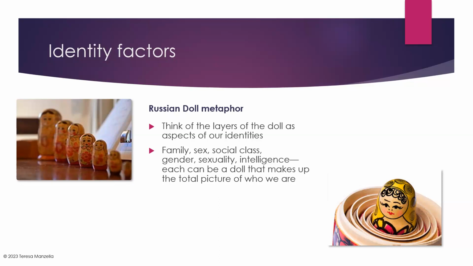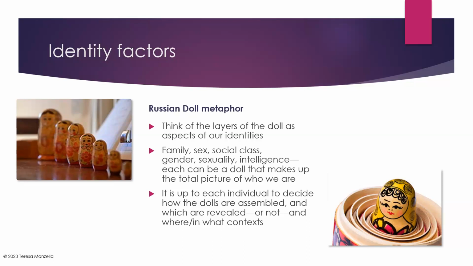All of these things are elements that could be little dolls that make up the whole picture of who we are. And it's up to each individual to decide how the dolls are assembled and which are revealed or not, and where and in what contexts.